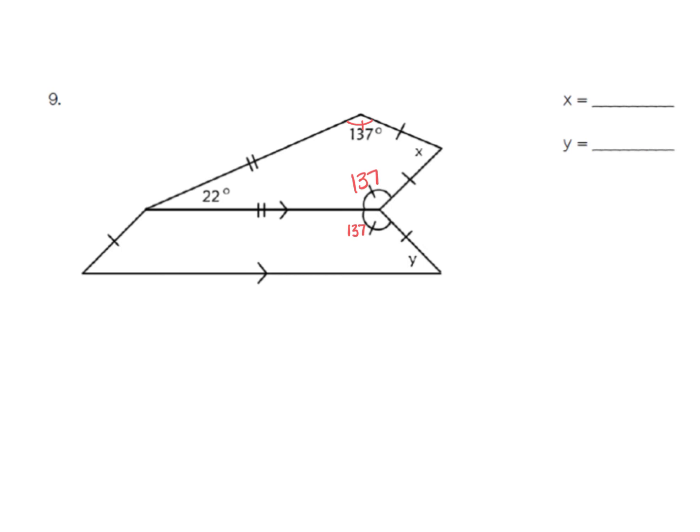So take away the three angles that I know, and I can get that x is 64 degrees. Now with my trapezoid, we have parallel lines here, right? So these two angles have to be supplementary because they're the consecutive interior angles between the parallel lines. So 180 minus 137 gives me 43. So x was 64 and y was 43.